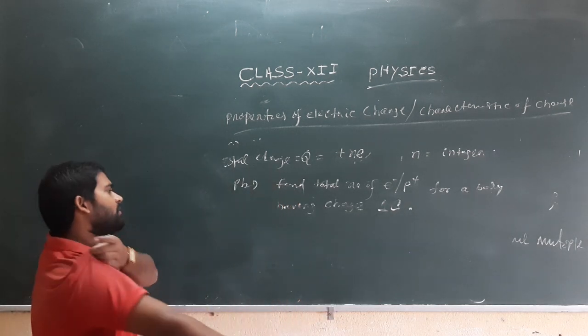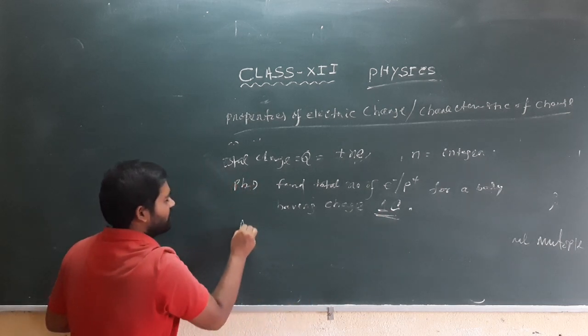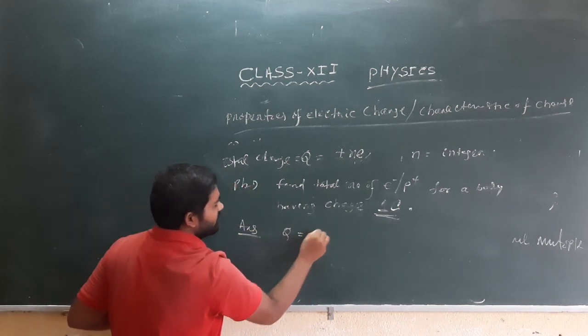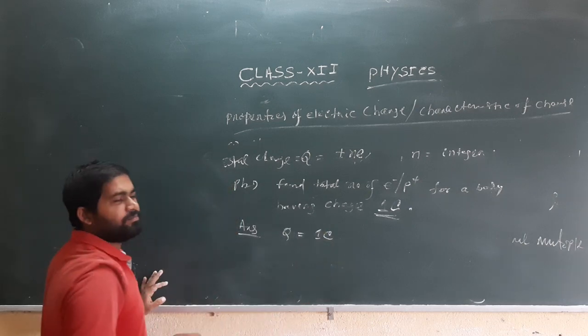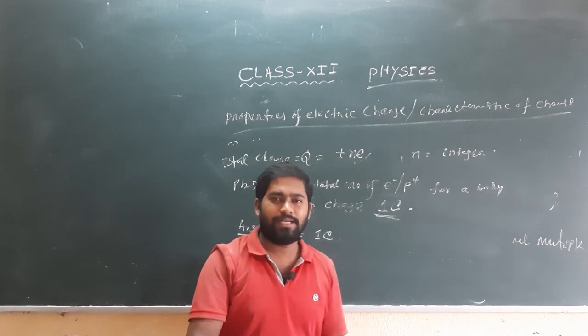So the total charge given in the body is 1 coulomb, Q equals 1 coulomb, and here you have to calculate the total number of protons or number of electrons.